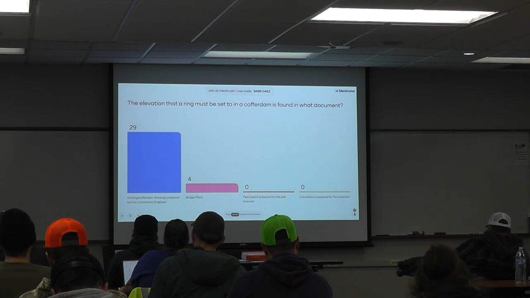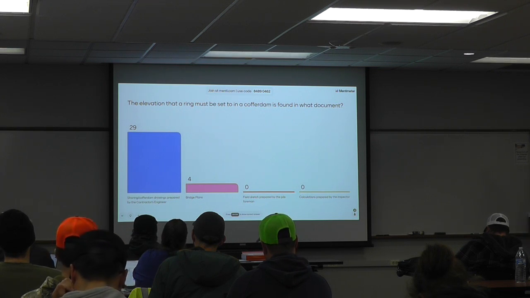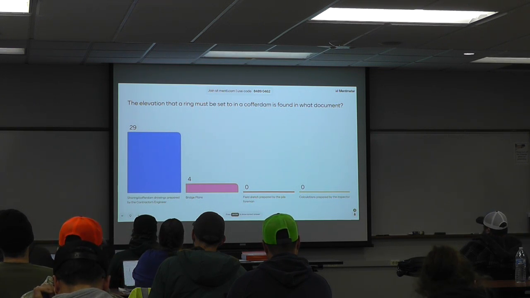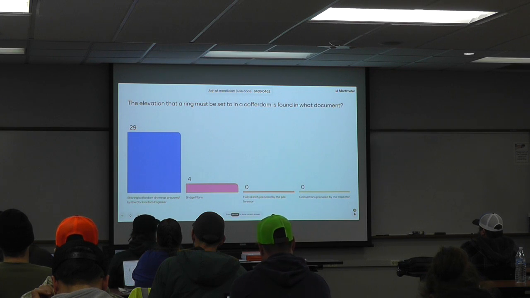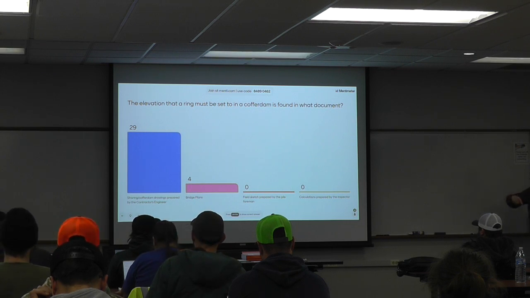The elevation that a ring must be set to in a cofferdam is found in what document? Is it the shoring or cofferdam drawings prepared by the engineer, the bridge plans, the foreman, or the inspector? Indeed it is the contractor's engineer. They produce the shoring plans. It'll show how deep the sheeting goes and what the ring elevation is.